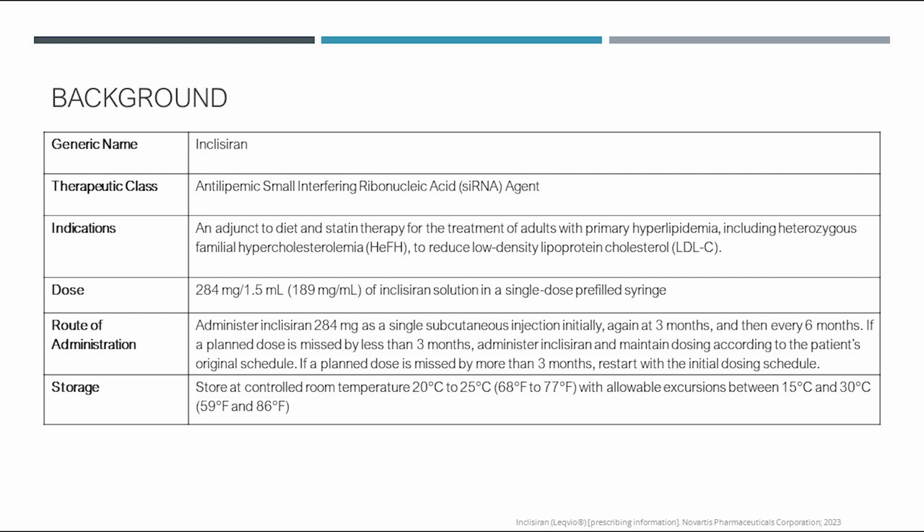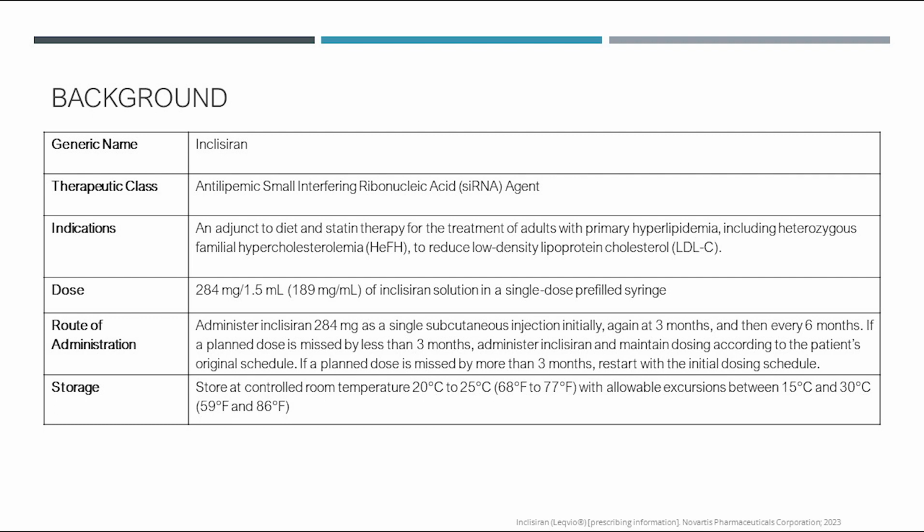I do think it's important to note the previous indication did have some caveats. The previous indication specifically stated that this was to be used in adults with heterozygous familial hypercholesterolemia or clinical atherosclerotic cardiovascular disease, or ASCVD. The language we currently have leaves that out, specifically tying it to primary hyperlipidemia.